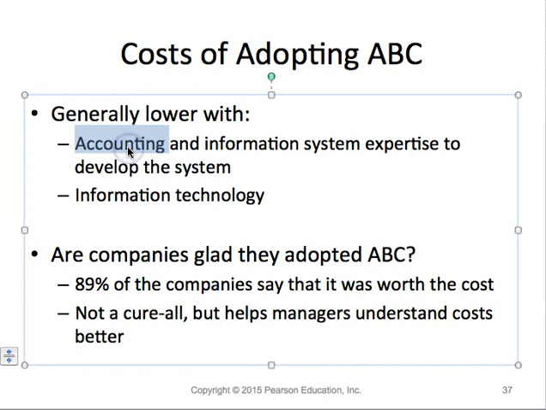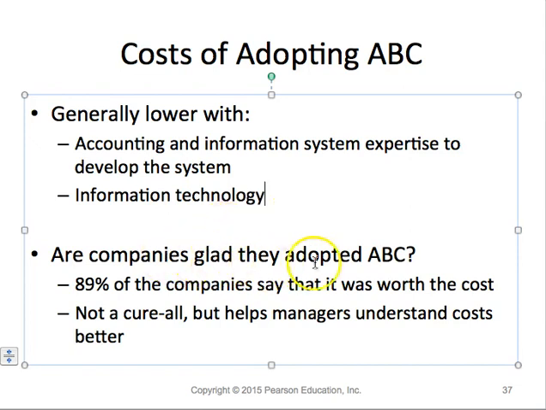Accountants are very important in the process because they can identify the costs so that IT people can develop an information system that uses this cost to monitor the activities, so that we know the cost information as soon as possible and can make decisions accordingly.